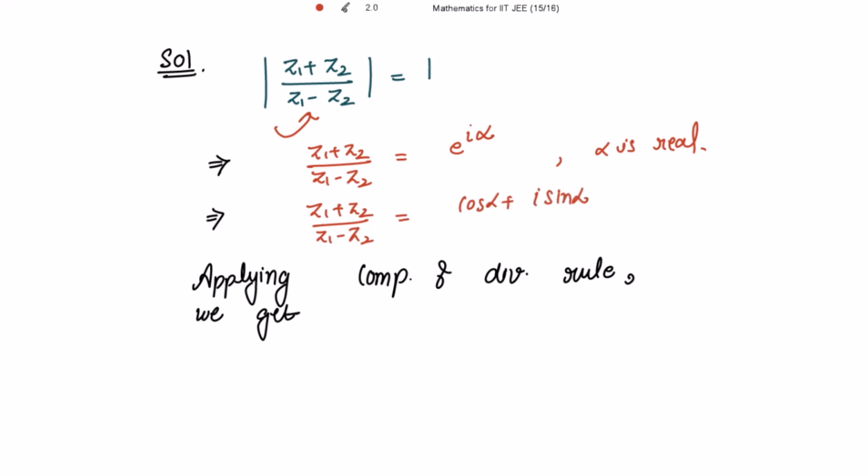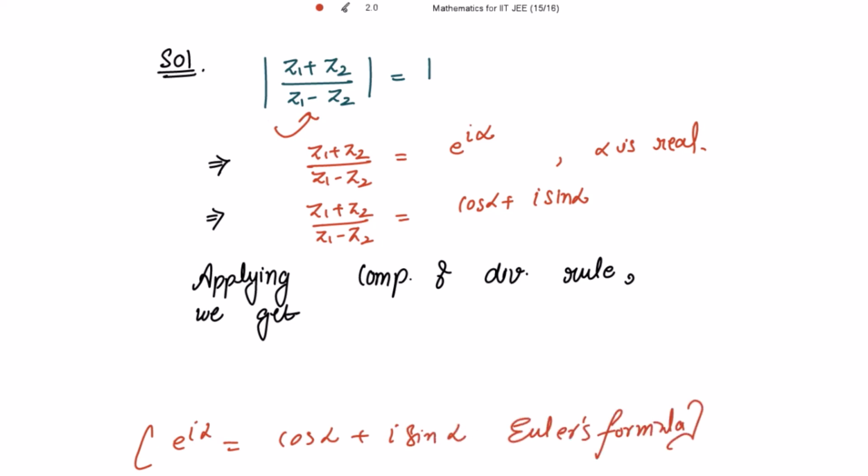This is your Euler formula, that is e to the power iota alpha is equal to cos of alpha plus iota sine of alpha. Let me write this as divided by 1.